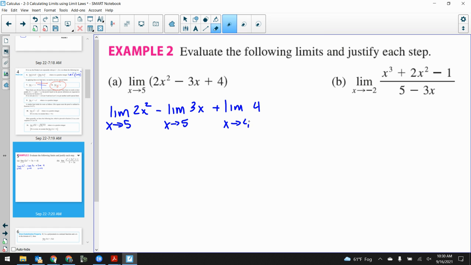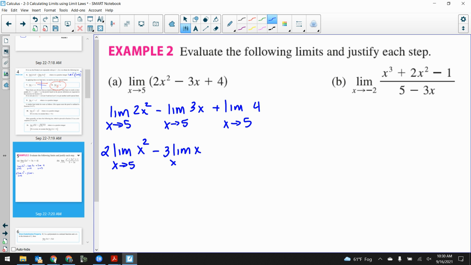I can basically distribute the limit in. Then bring out this 2: 2 times the limit as x approaches 5 of x squared, minus 3 times the limit as x approaches 5 of x, plus the limit as x approaches 5 of 4. Didn't change that one. I just took all those coefficients out.